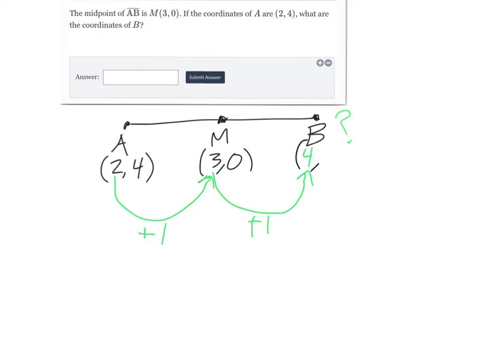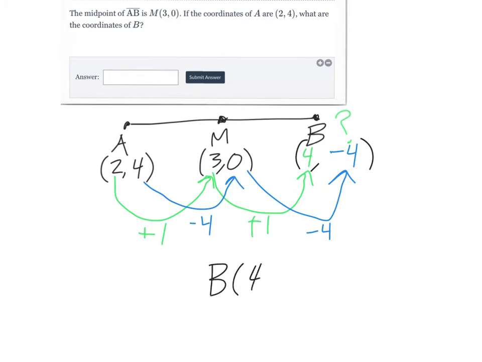Let's look at our y coordinates. From 4 to 0, we've subtracted 4. So there's our pattern, and I'm going to do it again. If we subtract 4 from 0, we get negative 4. So the answer to our problem, point B, is at the coordinates (4, -4).